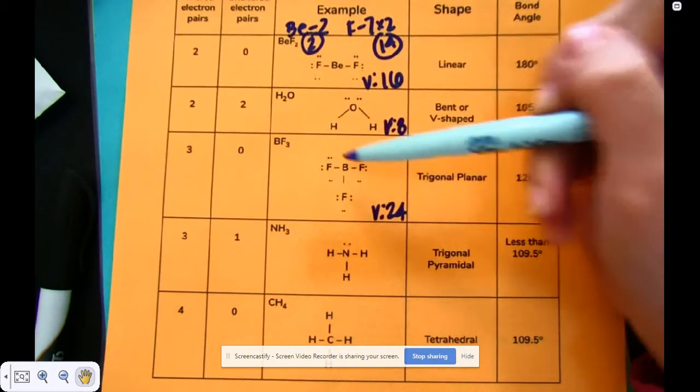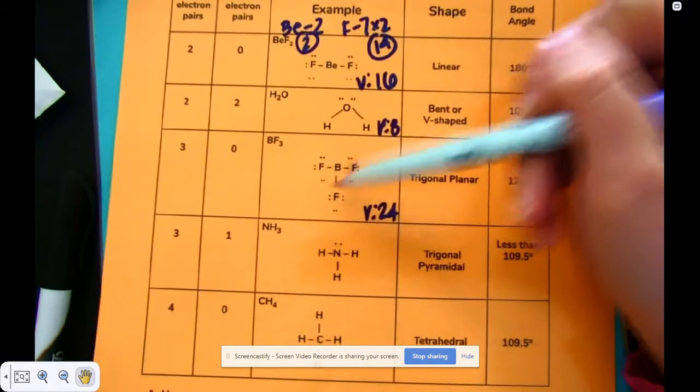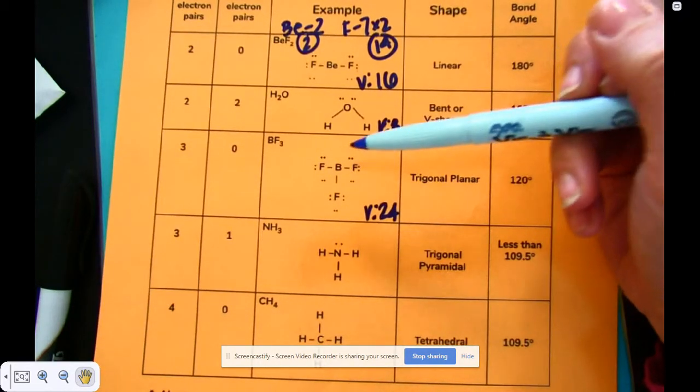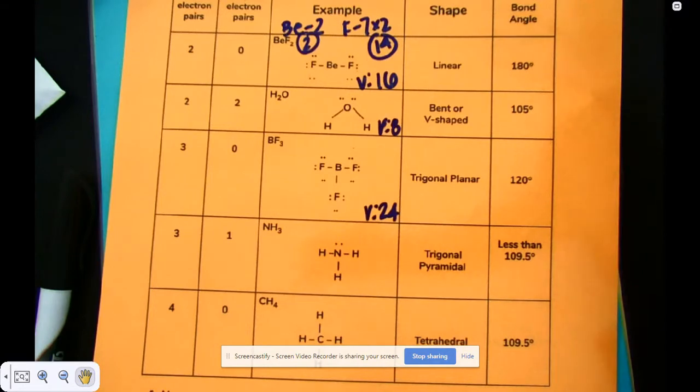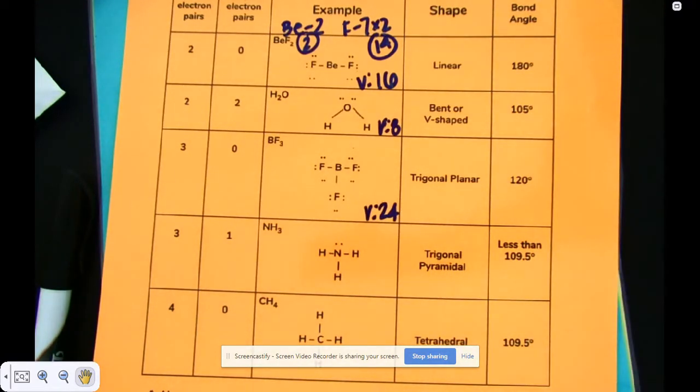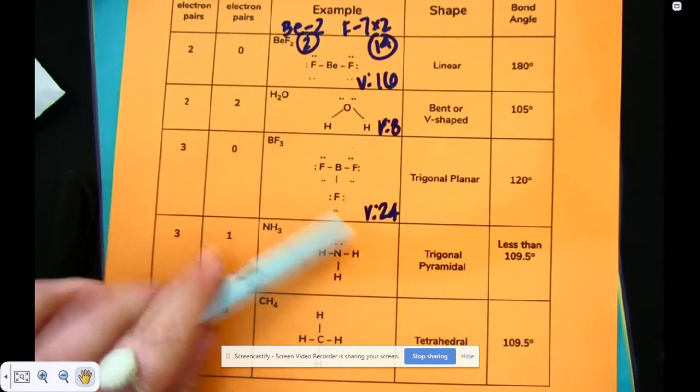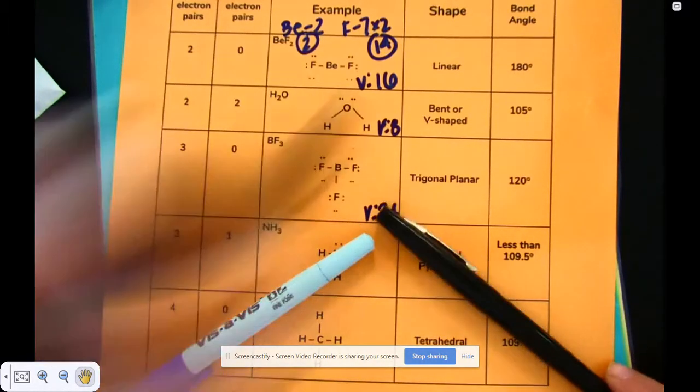Fluorines are all happy. Notice here the boron does not have a full octet because boron, again, is one of those exceptions. It doesn't need a full octet. So this is shown kind of with a T and then one going down. But realistically, it actually wouldn't look quite like that. It would actually look sort of like an upside down Y. It doesn't really matter which part is forward, but it would have this sort of triangular effect.